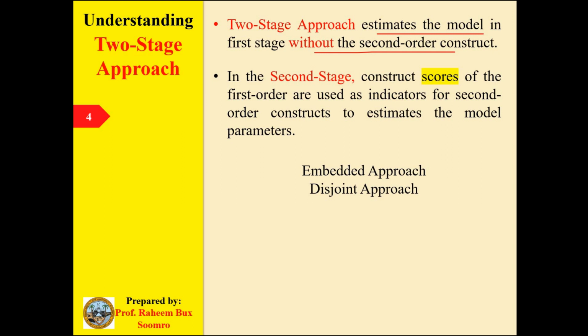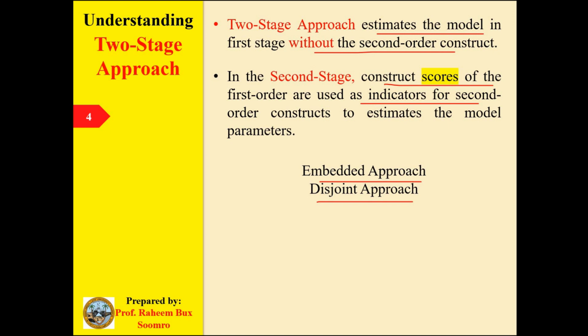That means we perform the assessment of the measurement model at the first stage. In the second stage, we get the latent variable scores, and then we make them the indicators of the second order construct, and then we estimate the parameters. Here there are two approaches: the embedded approach and the disjoint approach.